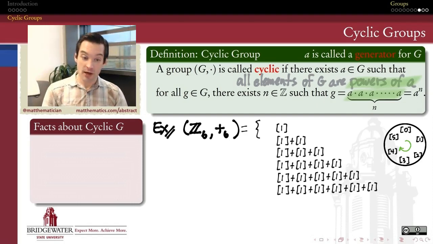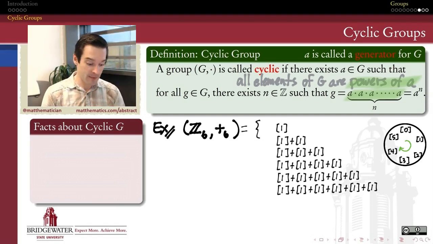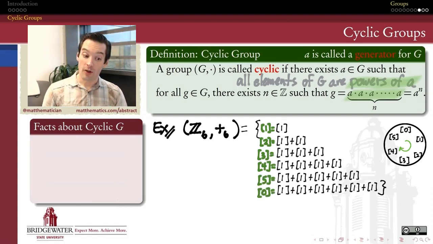It's a generator because if I look at its powers, the first power, the second power, the third power, keep in mind here that I'm using the word power to mean the iterative application of the group operation, which is why the second power means 1 plus 1 mod 6. But the set of powers of that single element accounts for all the elements in my group.